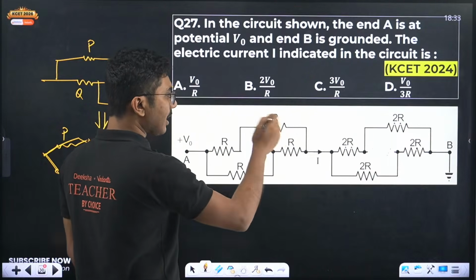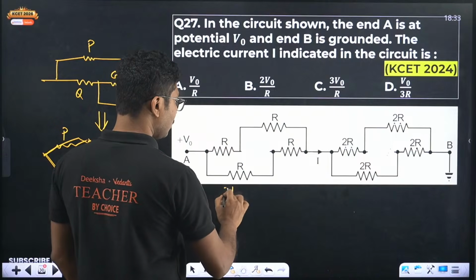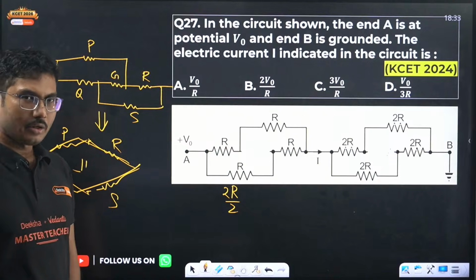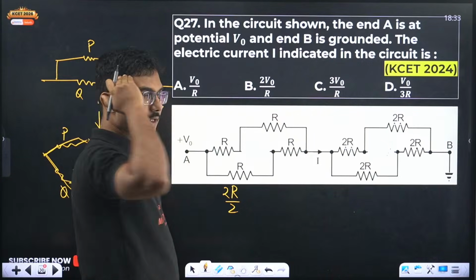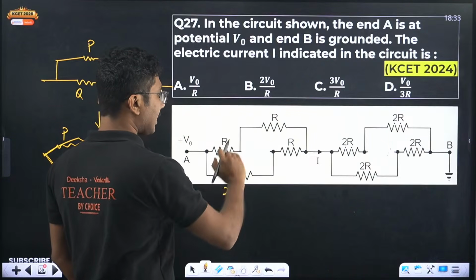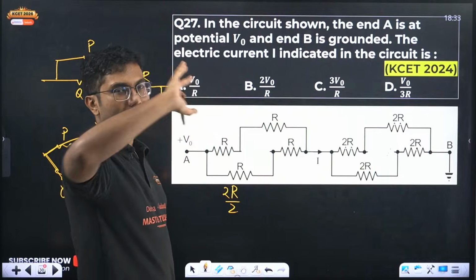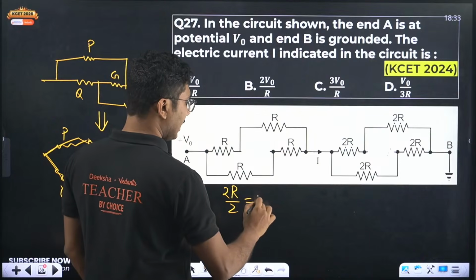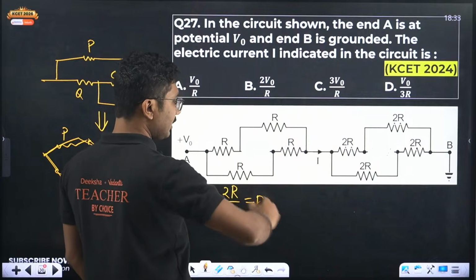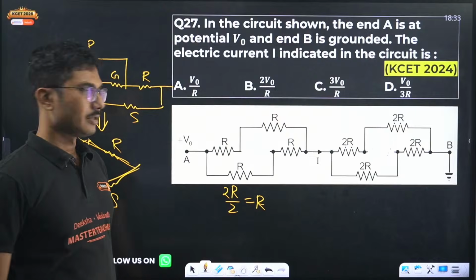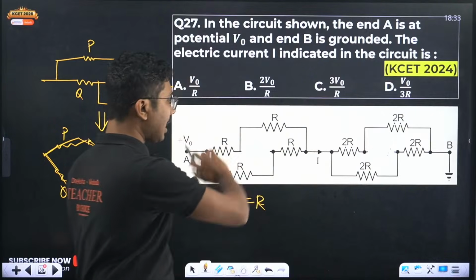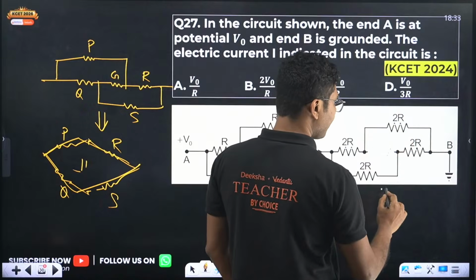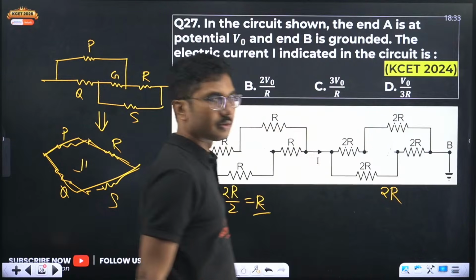Now 2R and 2R are in parallel, so the equivalent resistance is 2R by 2, which is R. Similarly, because all of them are R, the equivalent resistance is R. Here all of the resistances are 2R, so the equivalent resistance will be simply 2R.